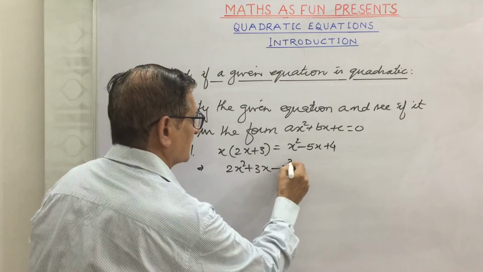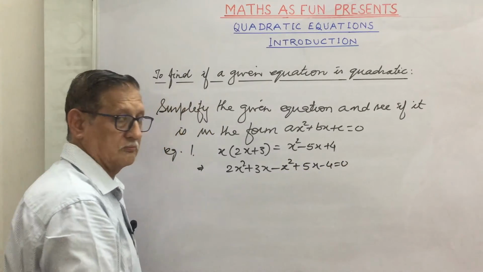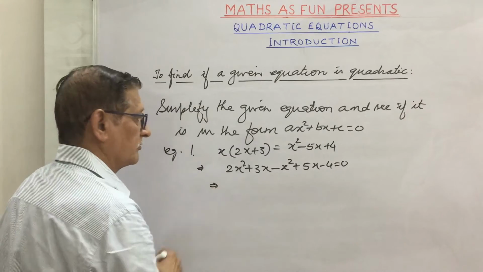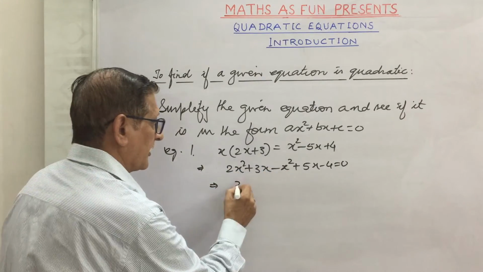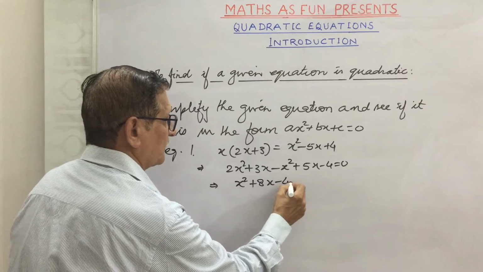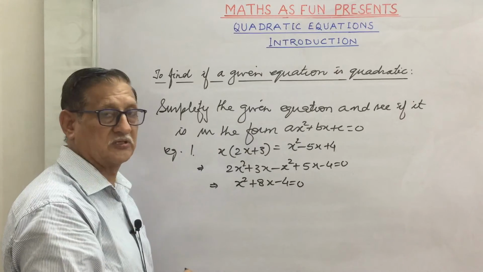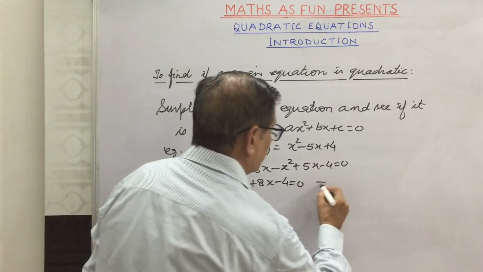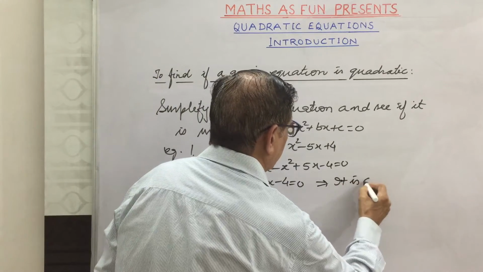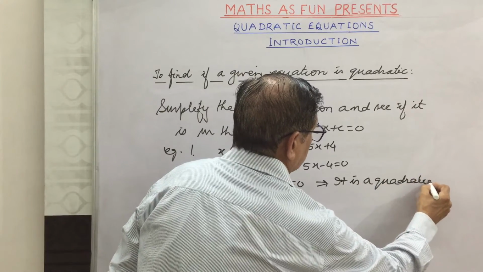This will be -x² + 5x - 4 = 0. What are we finding here? This is x² + 8x - 4 = 0. Yes, it is in the form of ax² + bx + c = 0. Therefore, we can say it is a quadratic equation.